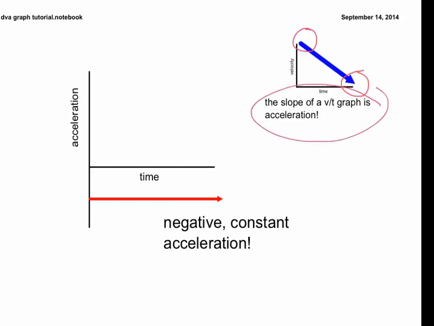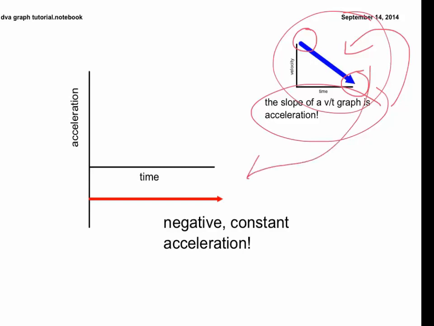So, if we look at this graph, it's a straight line. It has a constant slope. The one key feature that you should notice of this graph is that the slope is negative. As you move from left to right, the velocity decreases. So, if we look down here, we notice that we have a constant acceleration that is in the lower quadrant, so it's negative.